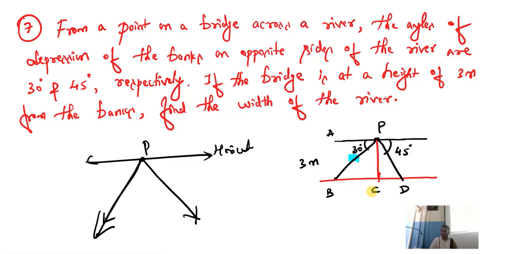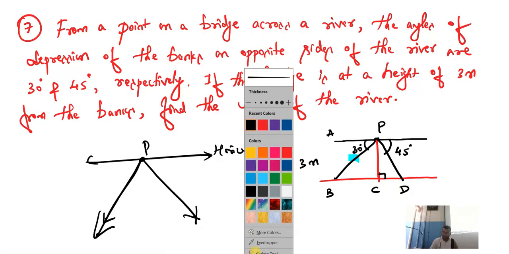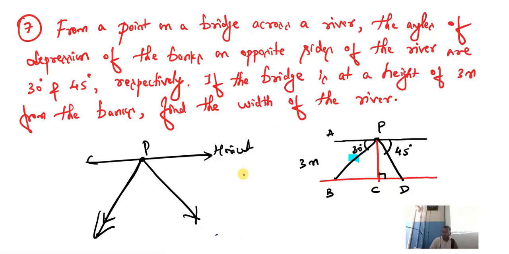So the height of the bridge is 3 meters. It means the value of PC is 3 meters. Now this angle will be 90 degrees. Always the height to the bottom is perpendicular. Any doubts? Now, please understand carefully. If this is 30 degrees, then this is also 30 degrees. Will you agree? When this is 45 degrees, this is also 45 degrees.